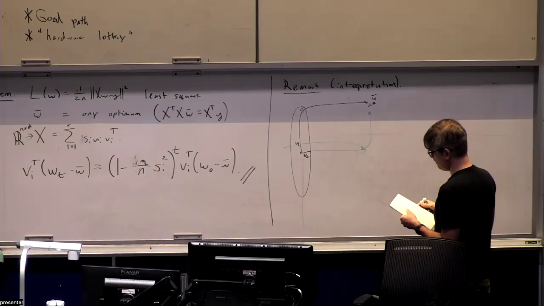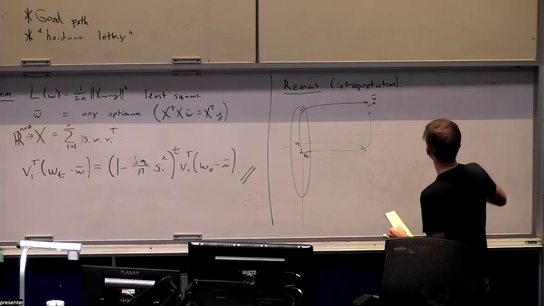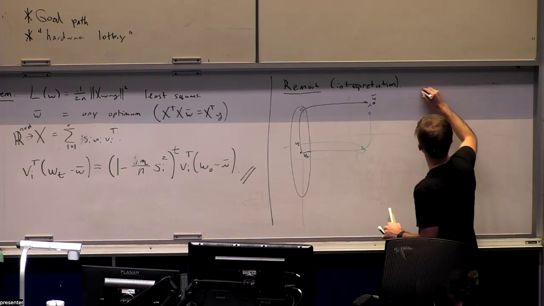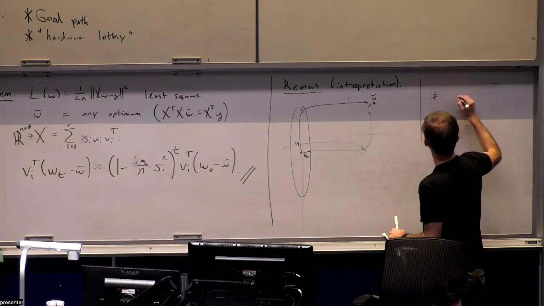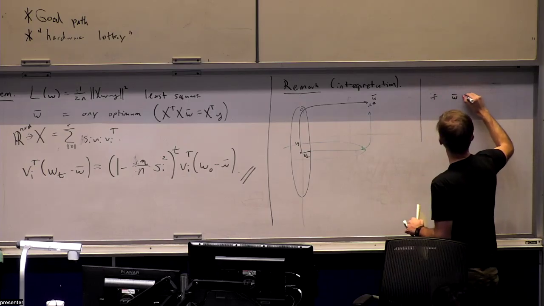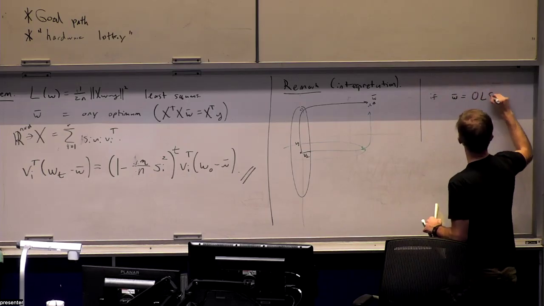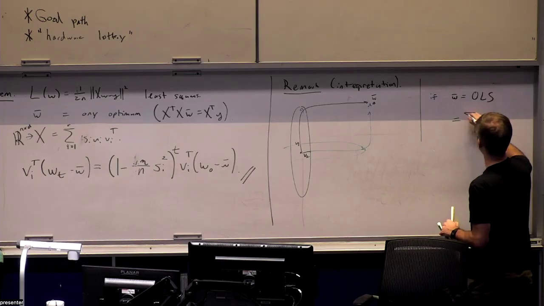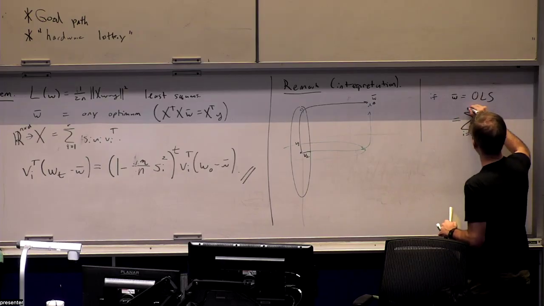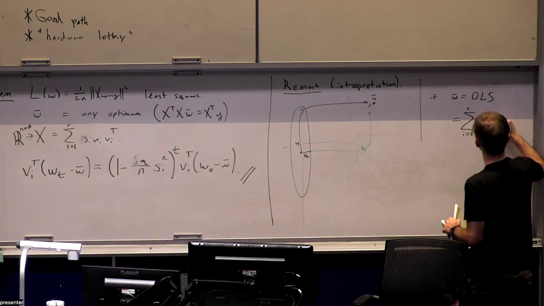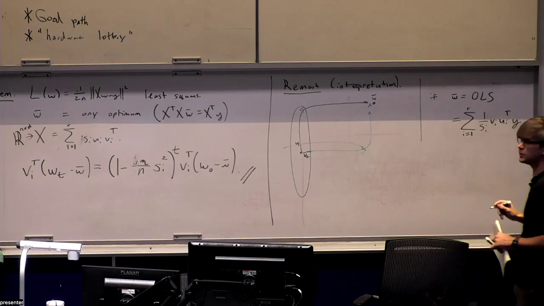Another interpretation is that if W bar is actually the ordinary least squares solution, so the ordinary least squares solution is, I take the pseudo-inverse of the labels.